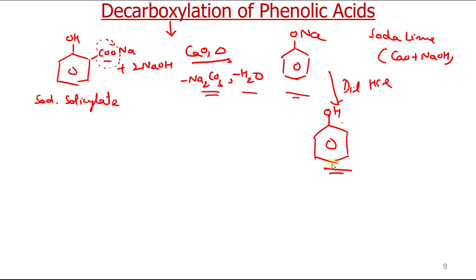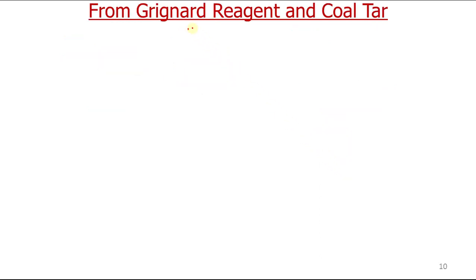So next is from Grignard reagent. This is yet another method by which we can synthesize phenols, but the most important, as I have told you, is the Dow's process, from cumene. Now we have this Grignard reagent, PhMgBr, phenyl magnesium bromide.